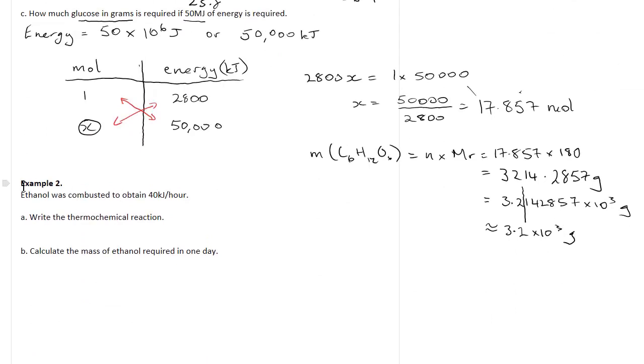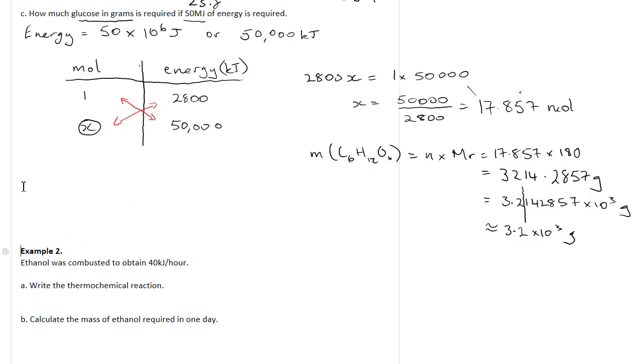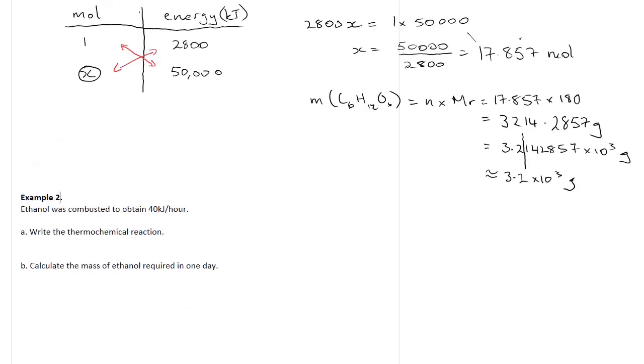Okay, so let's have a look at question 2 now. Ethanol was combusted to obtain 40 kilojoules per every hour. Write the thermochemical equation for ethanol. So I'm just going to get a bit more space.